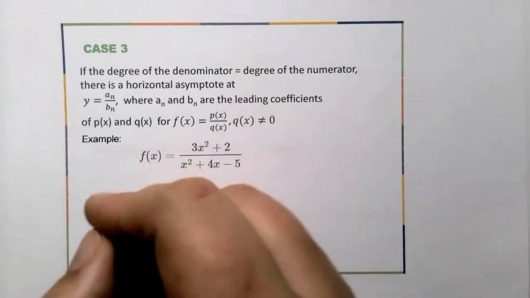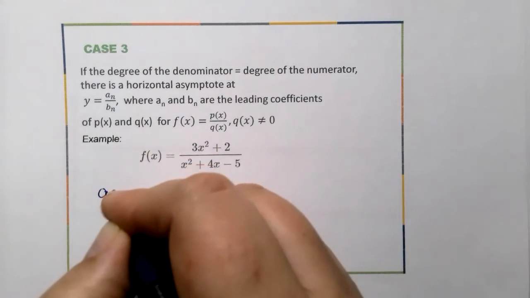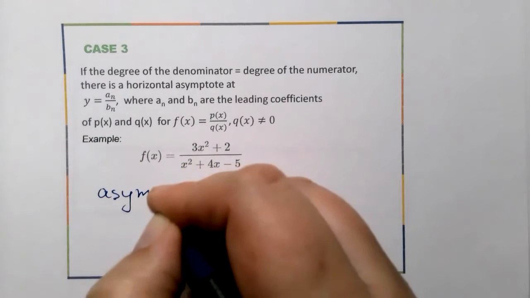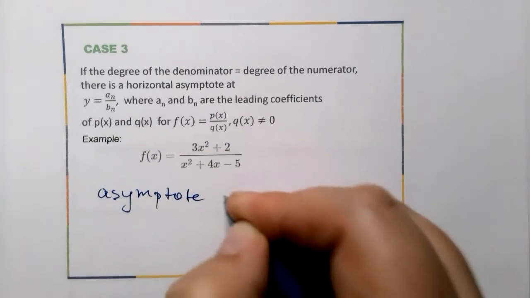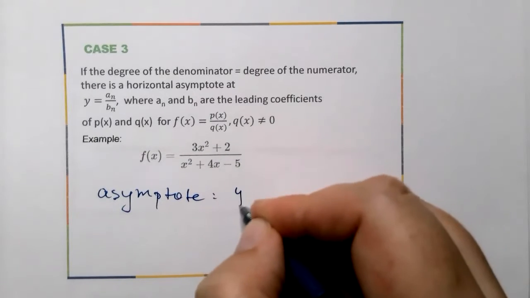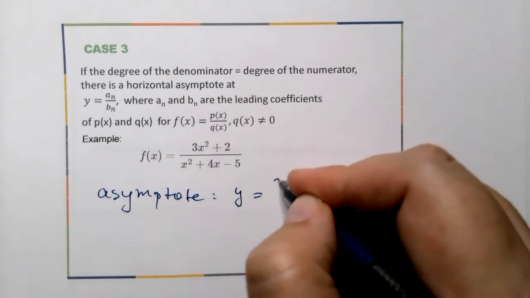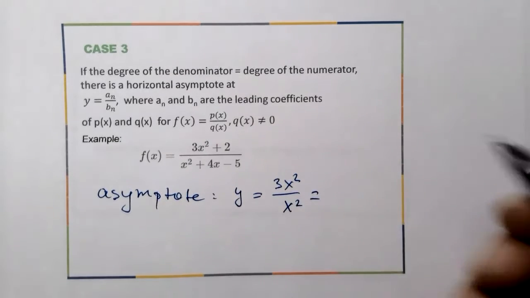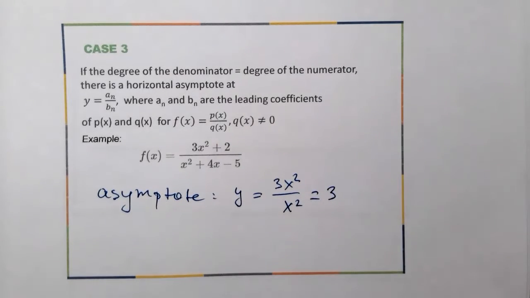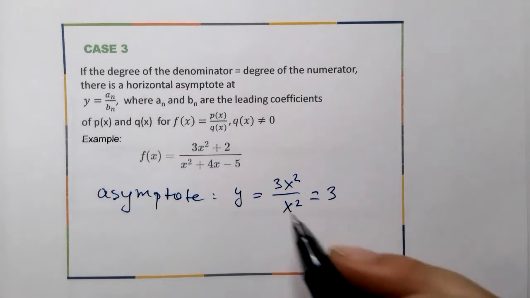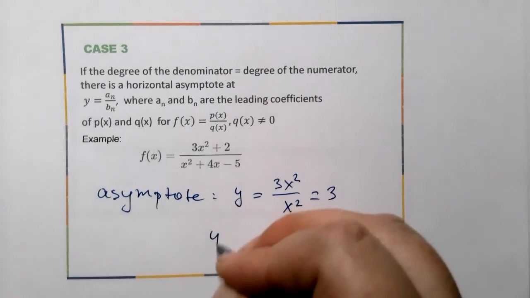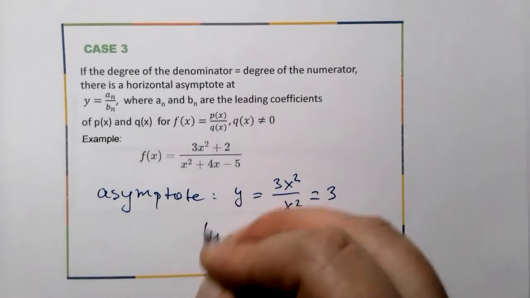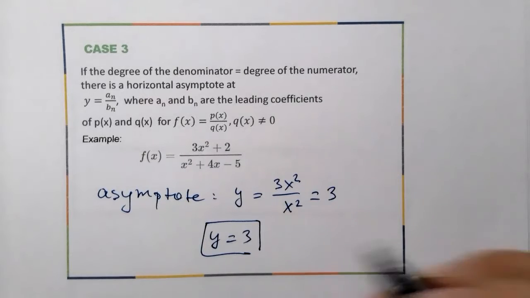So the asymptote is going to be y equals 3x squared over x squared. What do we get? 3. Yes. So here the asymptote is y equals 3, a horizontal line.